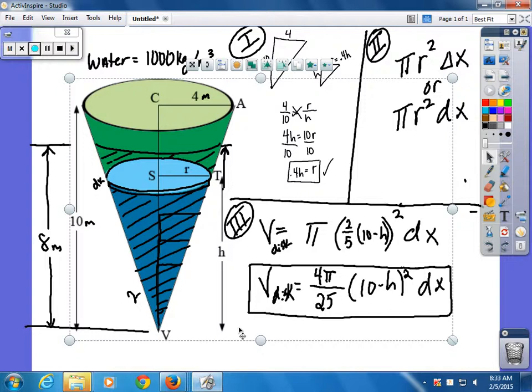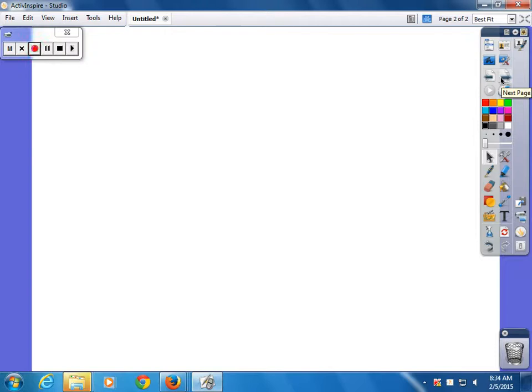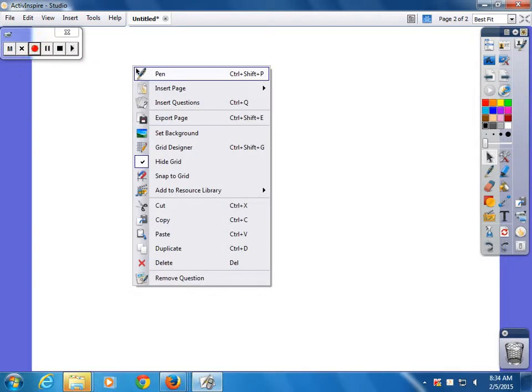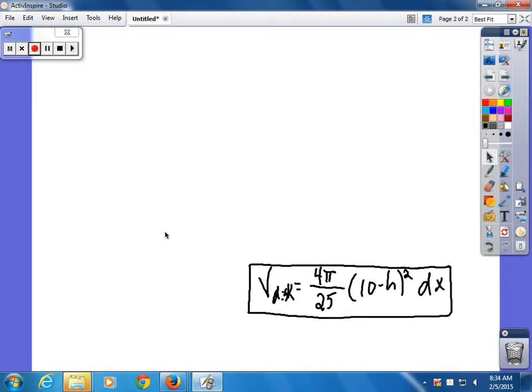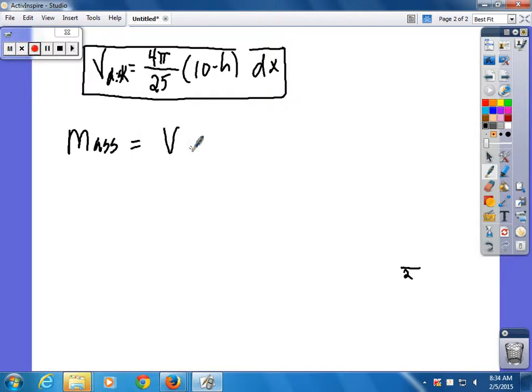I'm going to take the whole thing. Mass is equal to volume times density.